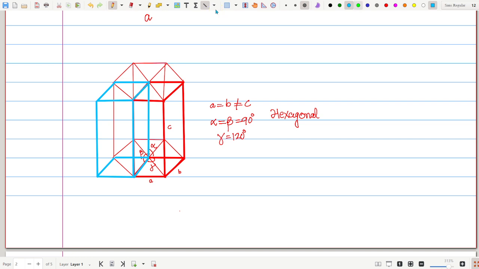We can also draw similar stuff in the upper portion. And just like that, we can create a complete repeating lattice system. Lattice system, we have not added basis yet.